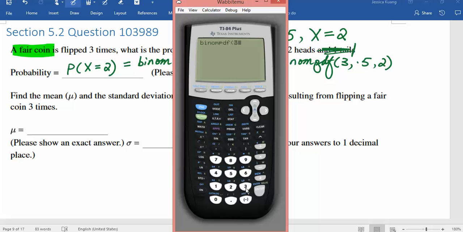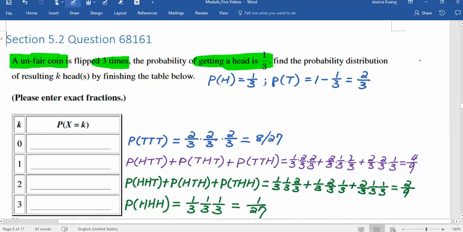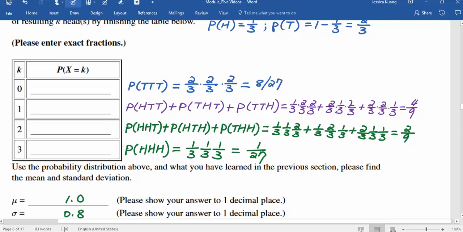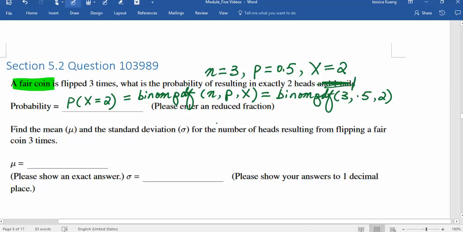It's waiting for me to enter 3, 0.5, 0.5 is equivalent to 1/2, and 2. Press enter, and that is my probability. Isn't that so much easier than this previous calculation? So from now on, you're welcome to use your graphing calculator.